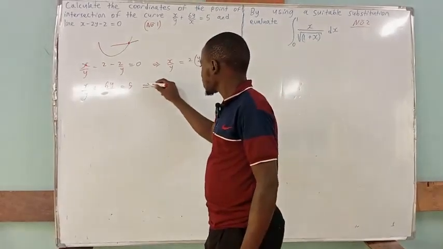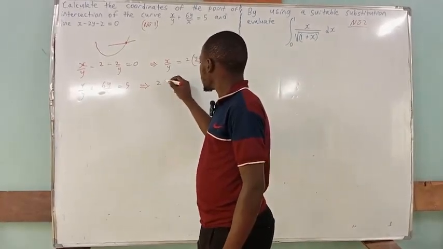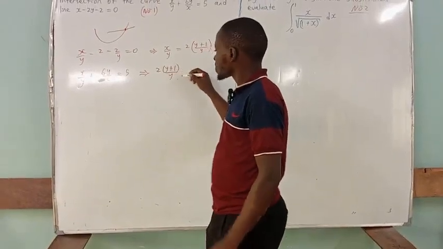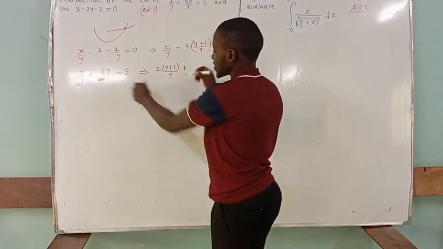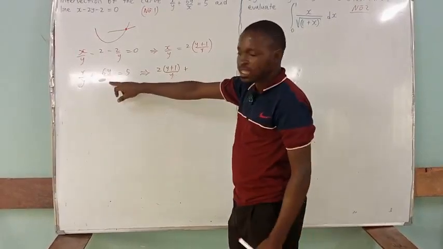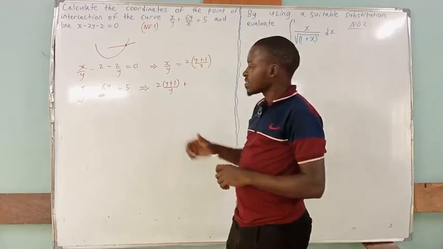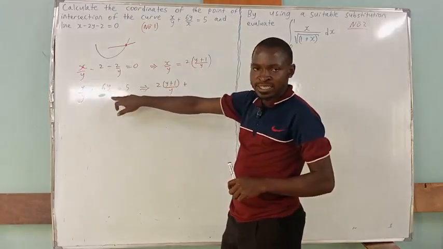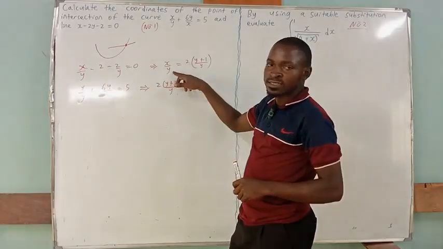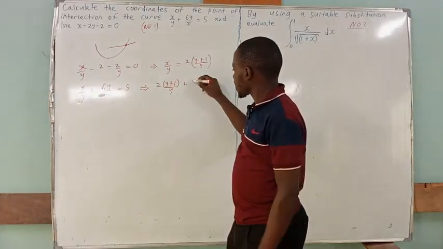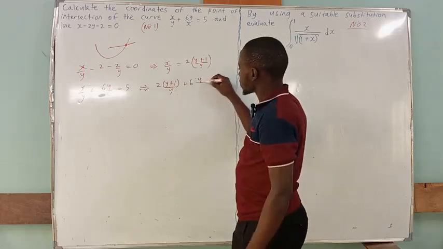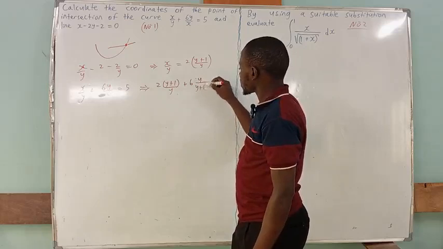So you get 2 into y plus 1 over y, then plus 6 times y over x. Now this is x over y, but remember, this is y over x, so it is the reciprocal of this. So here you get plus 6 times the reciprocal of this, which is y over y plus 1.